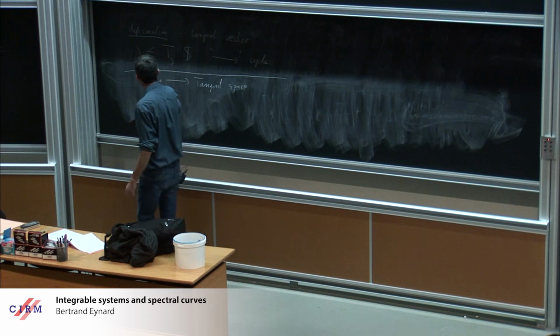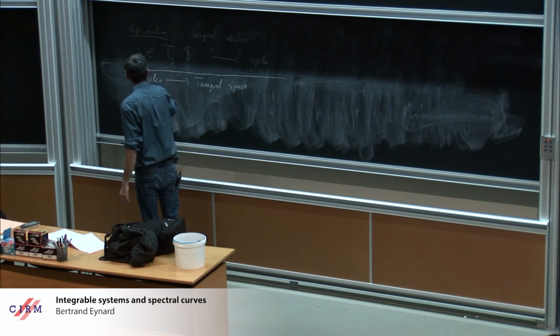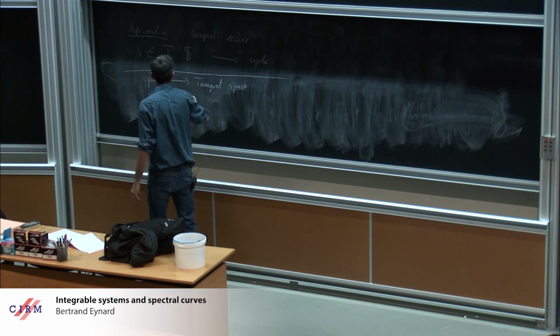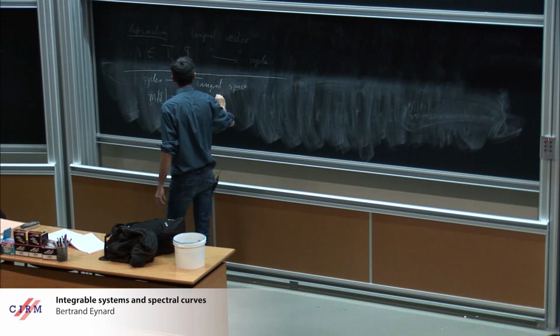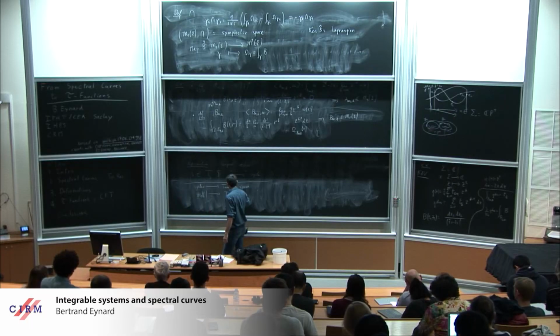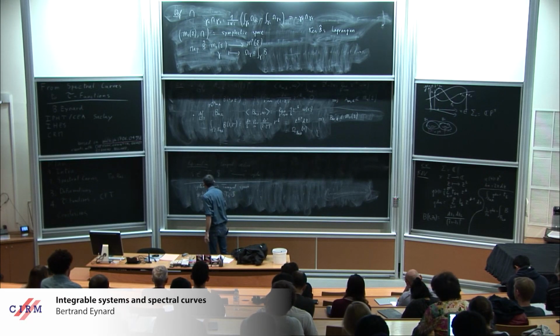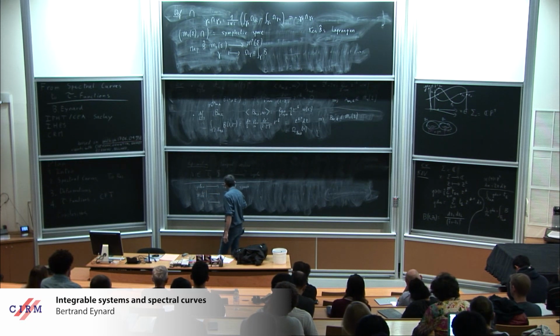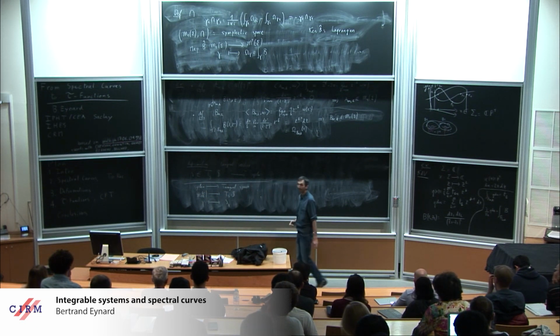So to any cycle gamma, I will go from M1 of sigma to the tangent space T_S of S. To every gamma, I want to associate a tangent vector that I will call d gamma.